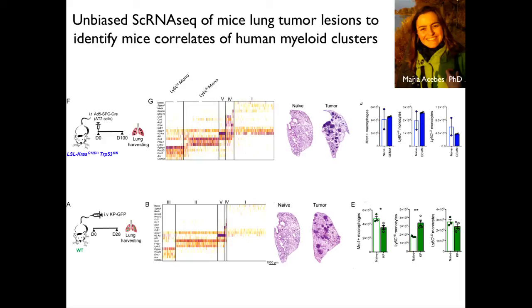We have now sequenced the myeloid cell compartment in both tumor models. This work was done by Maria Sebes, who is in fact in the audience. What Maria found is that the myeloid cell compartment in these two tumor models is quite similar, so that's great. Maybe I didn't mention it, but in human we find two clusters of monocytes that really are in line with what's published in the literature, which is always reassuring.